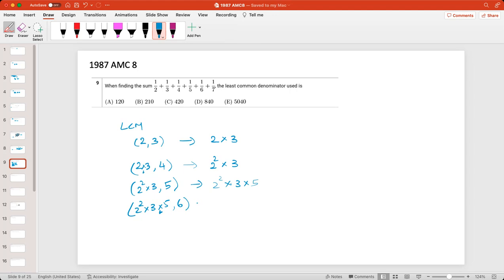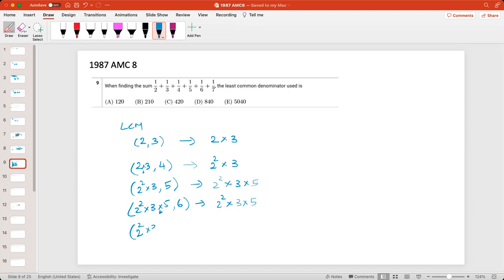What is 6? 6 is nothing but 2 into 3, so we don't have to take that. Again, this is going to be 2 squared into 3 into 5. That's your LCM, which is nothing but 4 into 3 into 5. 15 fours are 60. So that's your number here.